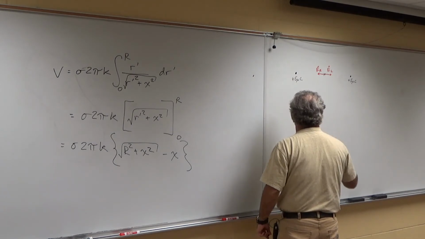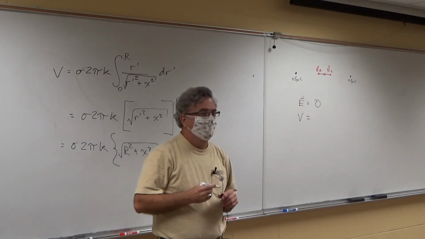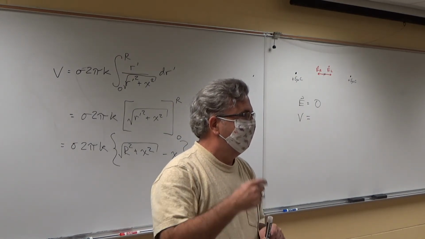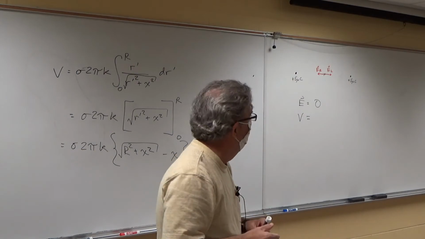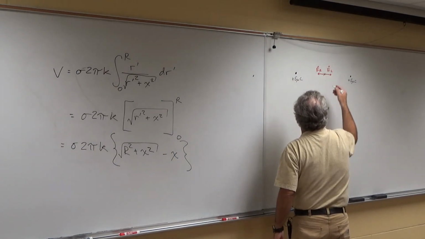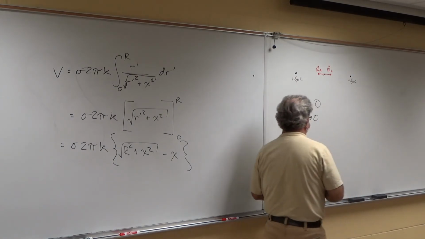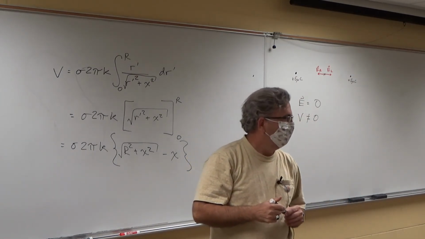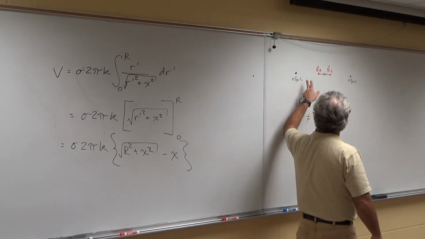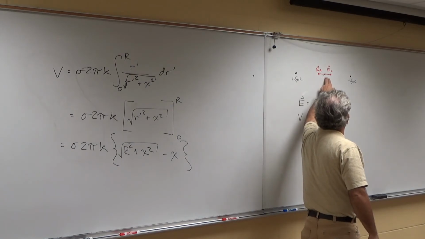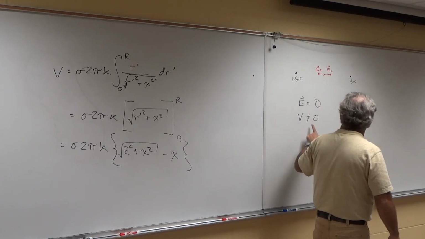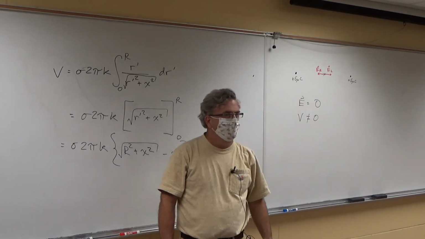What about V at that point? What about the potential at that point? Well, I'd have to sum it up, but it is not equal to 0, right? Because when you sum it up, you get K5 over the distance, K5 over the distance. You add it up, it's not going to be equal to 0.